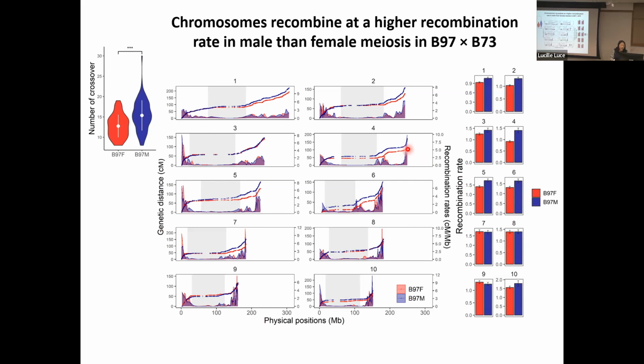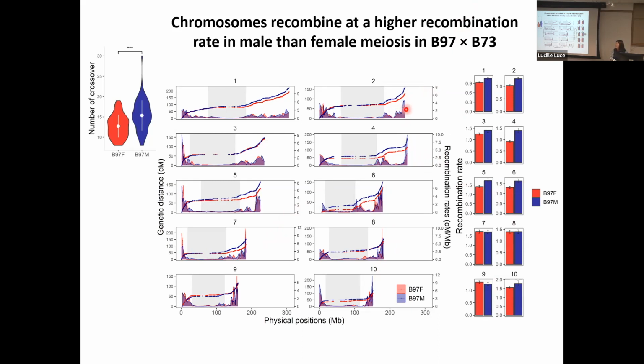recombination rate is higher in the male. You can see chromosome 2, chromosome 4, 6. Overall recombination is higher in the B97 hybrid, and especially in the distal end, in the telomere region.